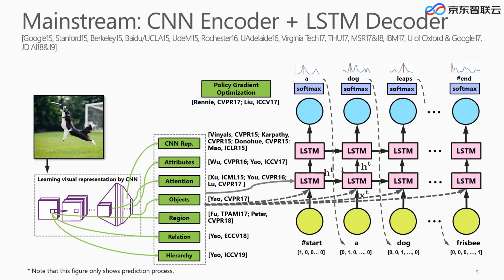We could directly take the output of the fully connected layers as image features, or incorporate high-level semantic attributes into image features, or perform an attention mechanism to measure the contribution of different image regions, or extract region-level features and further explore the object relations or image hierarchy on the region-level features. Then we feed the image features into the LSTM to generate the sentence, one word at each time step.